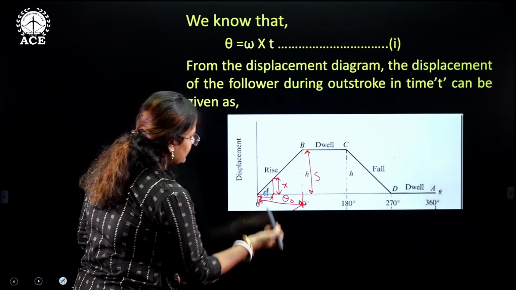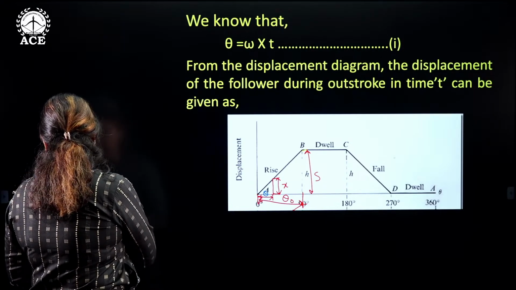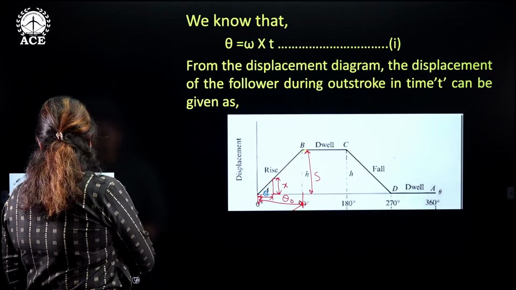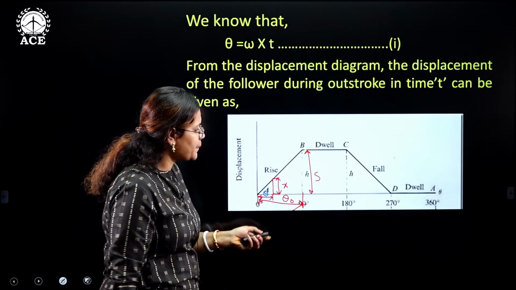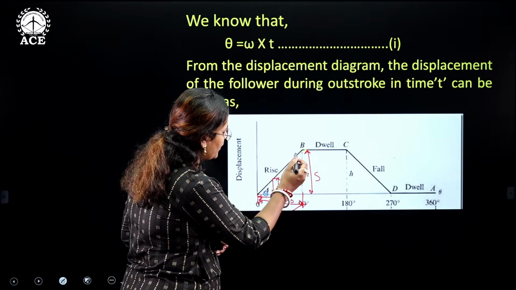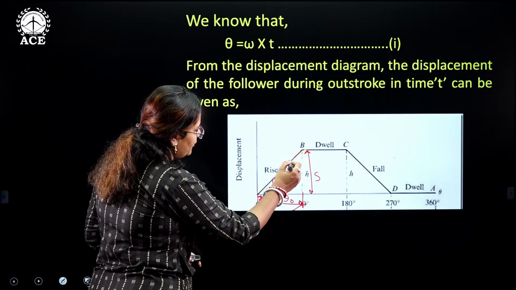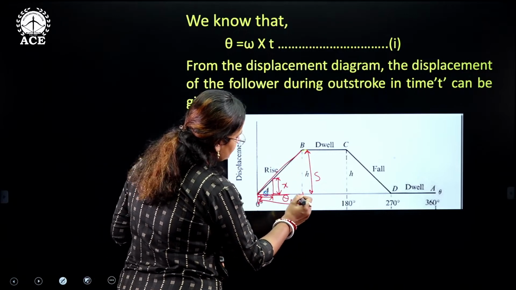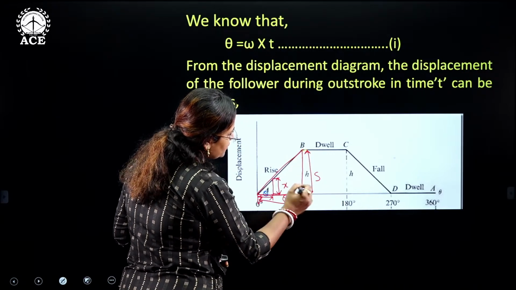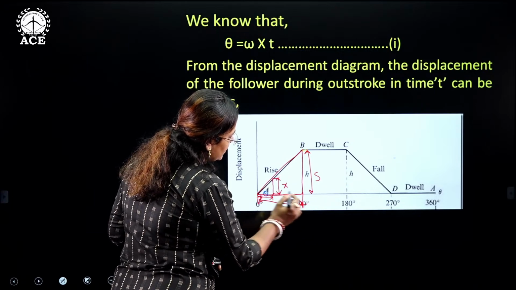If I want to write a mathematical expression, here also they form a similar triangle. Can you see? In this particular triangle, this is the stroke, this is x, this is theta naught, this is theta.